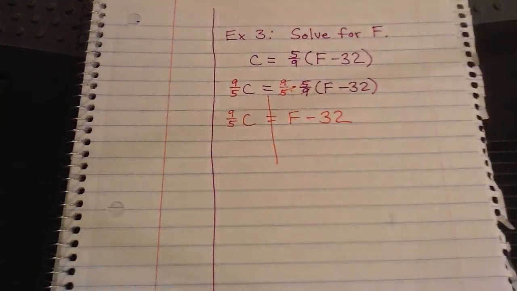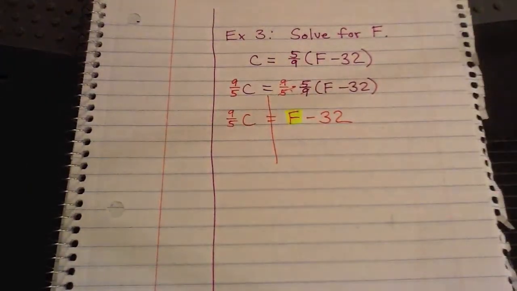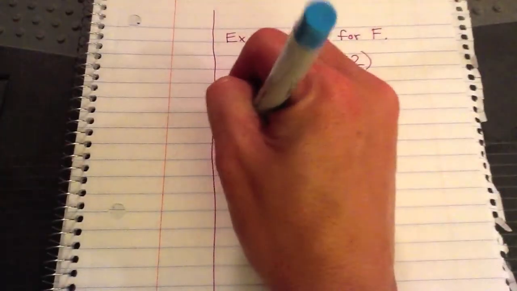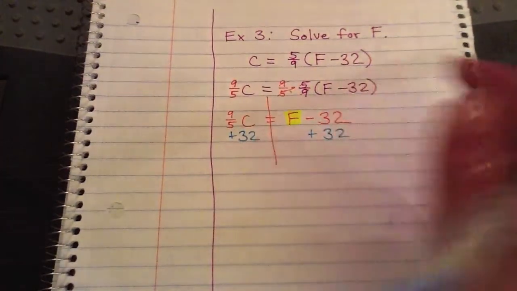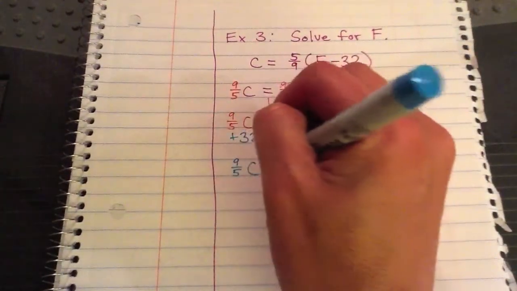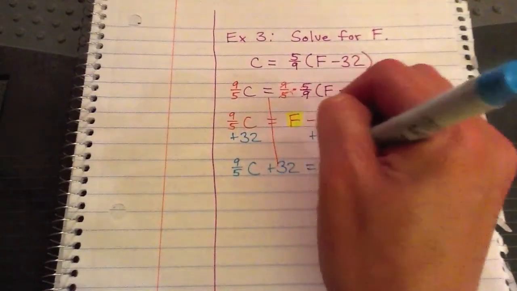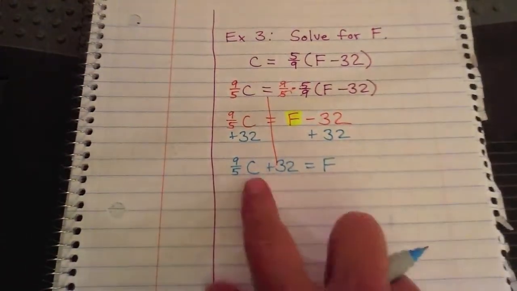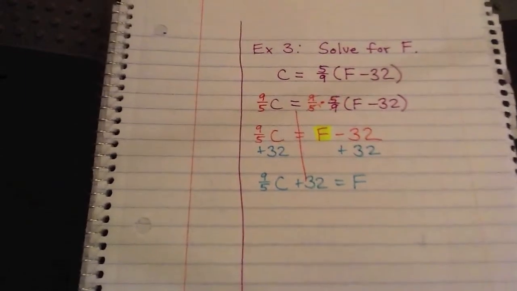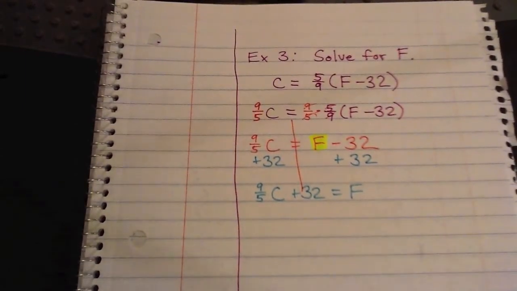And again, now I'm looking and I'm saying this is what I'm trying to isolate. So I'm going to go ahead and add 32 to both sides. I don't have a like term here, so my final answer is 9 over 5 C plus 32 equals F. This is how you can find degrees Fahrenheit when you have degrees Celsius. So we'll practice those. We're actually going to practice those throughout the year. They're important to be able to use.